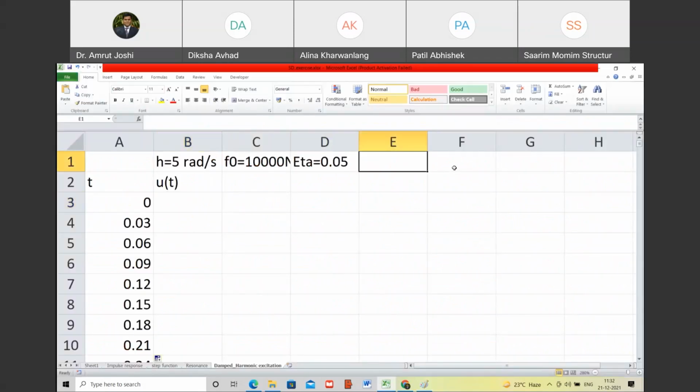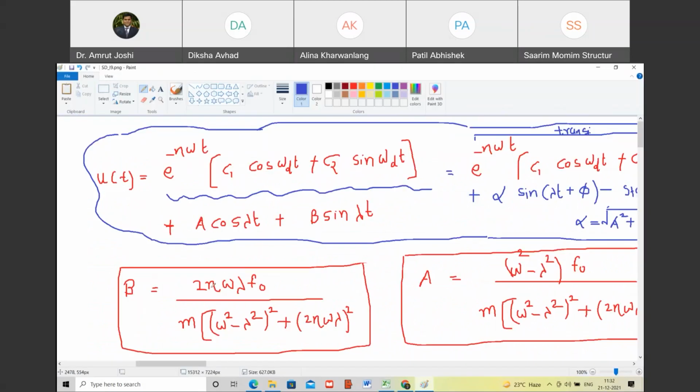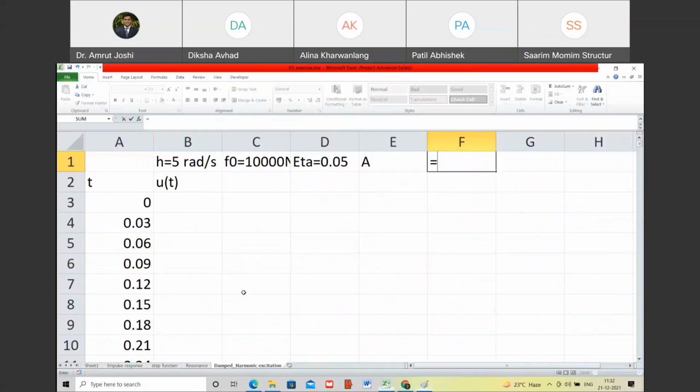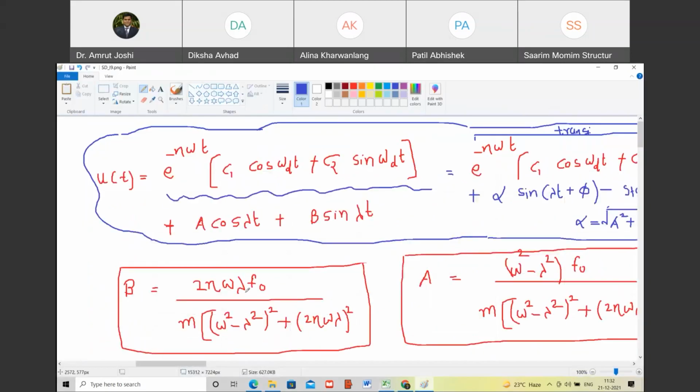This is the value of A. A की value क्या है बोलो? This is equal to 2 eta omega lambda. So बोलते जाओ, 2 eta 0.05, omega 10, lambda 5. 2 eta omega lambda F0.